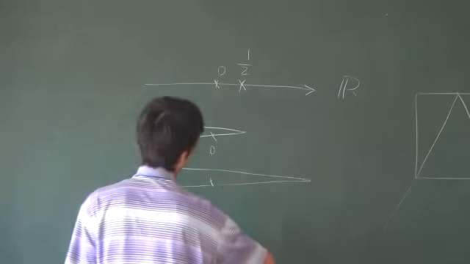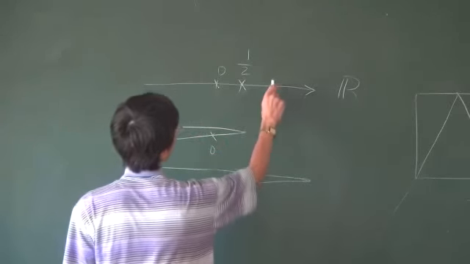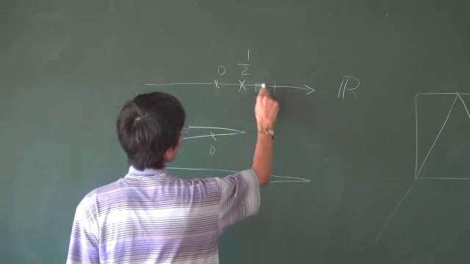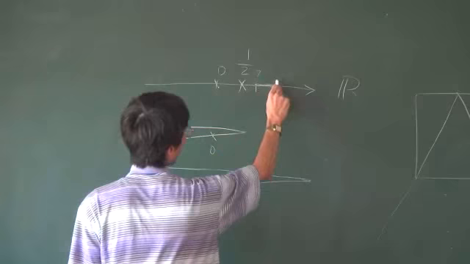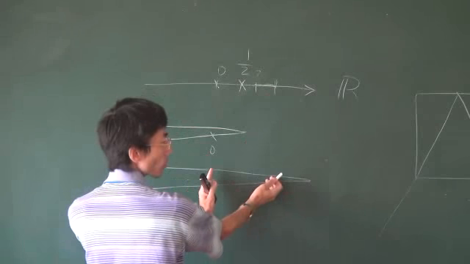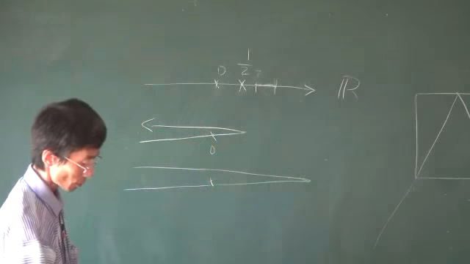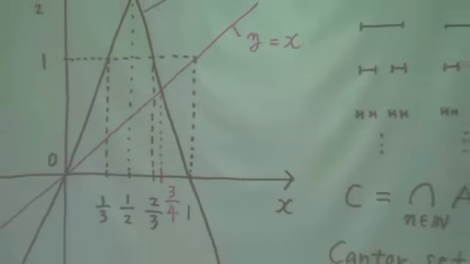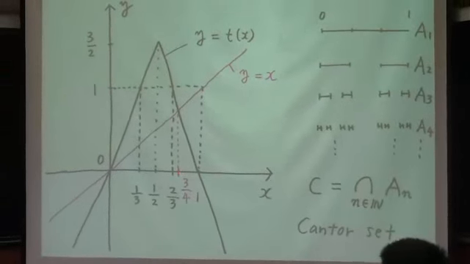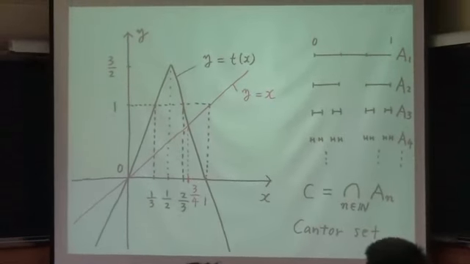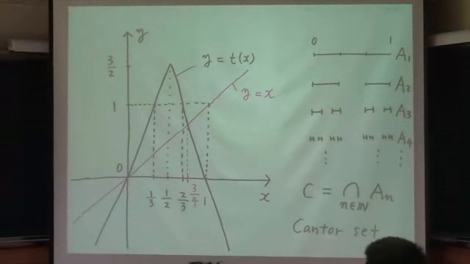So anyway, then we see this from 2/3 to 1 is mapped to 0 to 1. So this interval from 7/9 to 8/9 is mapped to 2/3 to 1/3.